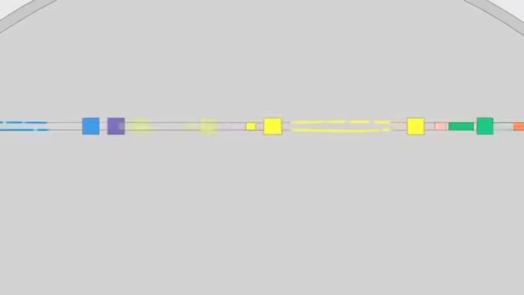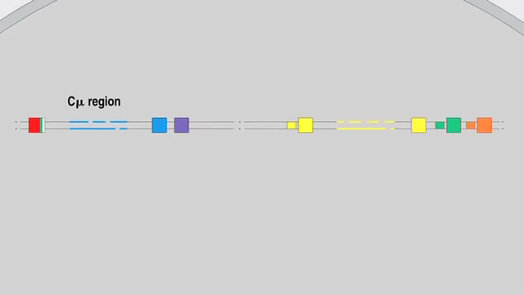These processes also occur at the C mu region or any other switch regions actively transcribed in the B cell. These activities create multiple breaks in the DNA of the mu switch region, as well as the DNA of the switch region selectively activated by cytokines.